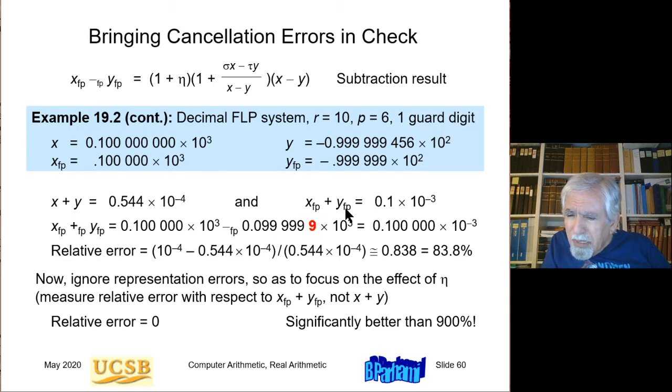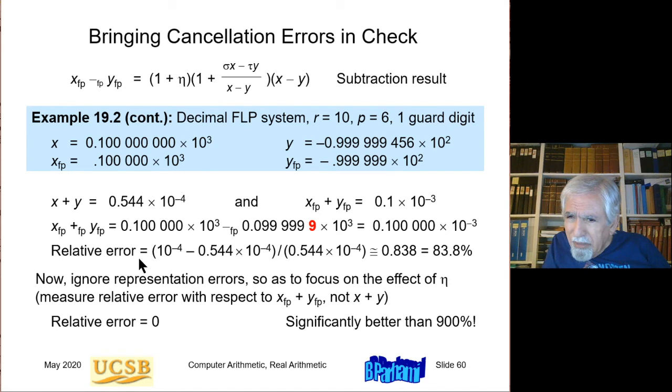When I do the exact sum of the floating point representations, I actually do keep this digit that is shifted out, and the result should be different. Okay, I'll go back and take a look at this and make corrections if needed.